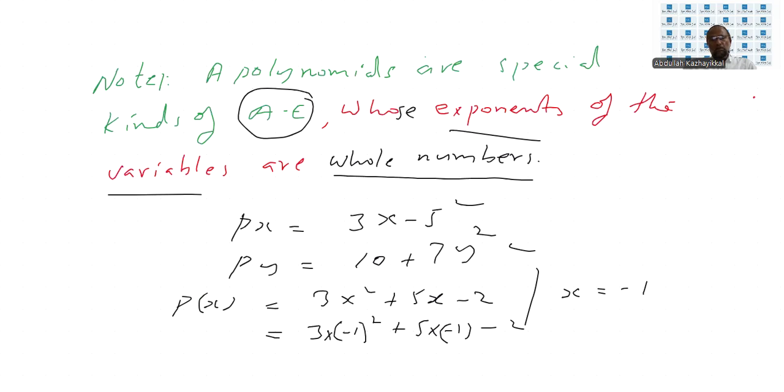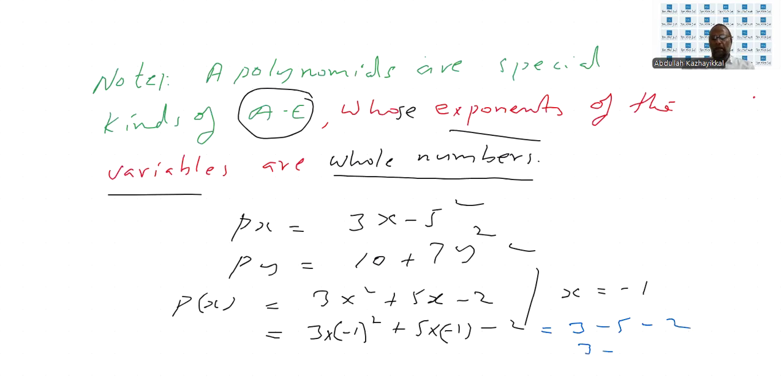So tell me what is the answer of this one. 3 into (minus 1) square is 3 into minus 1 into minus 1, plus 1. 5 into minus 1 is minus 5, minus 2. 3 minus 5 minus 2, that is minus 7.